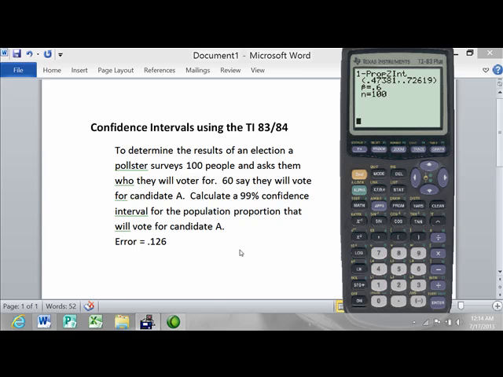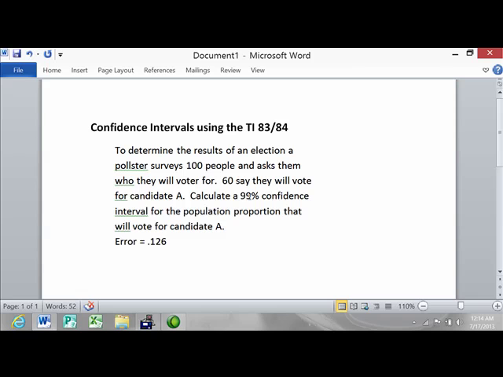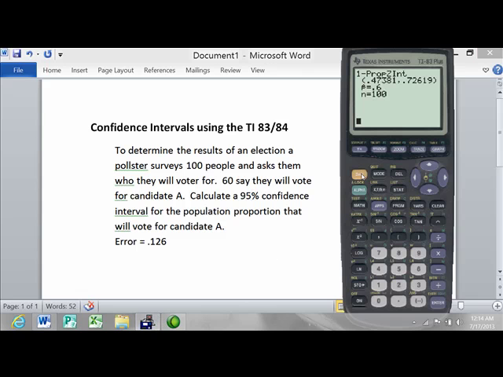If I wanted to reduce the error, I'd have to say this with less confidence. In other words, if I wanted 95% confidence, I would redo this entire calculation: Stat, Tests, all the way down to 1 proportion Z interval, the same 60 and 100, but instead of a C level of 0.99 I put 0.95.